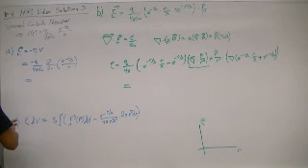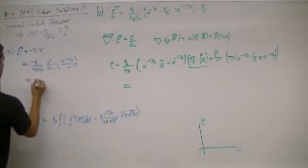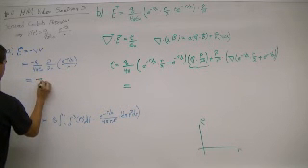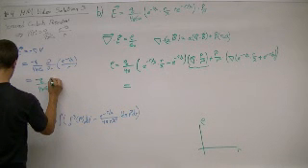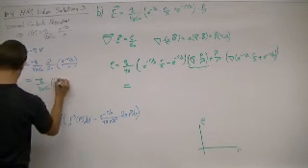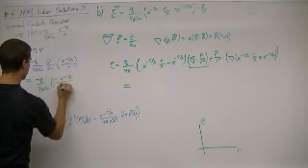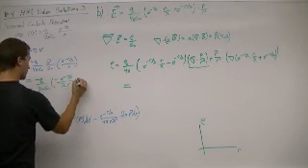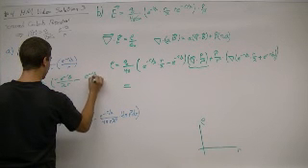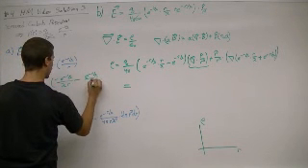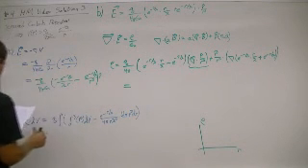So what that ends up being is negative q over 4 pi epsilon naught times negative e to the negative r over lambda times r minus e to the negative r over lambda over r squared, that quantity times r hat.